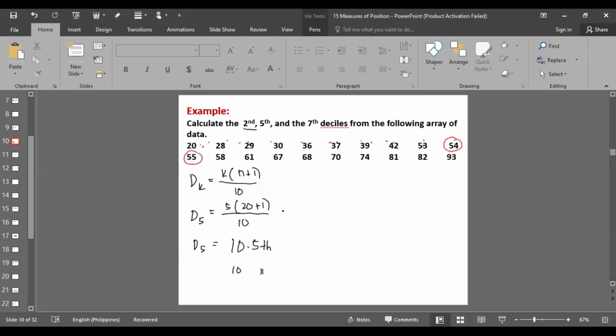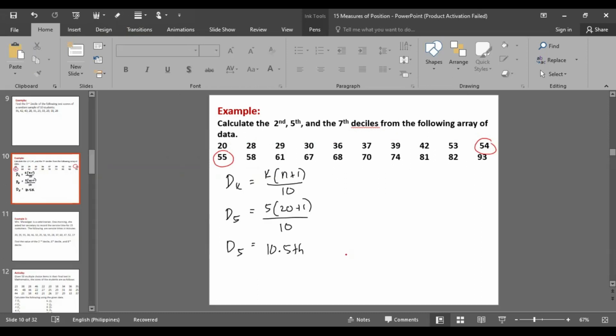Take note that we are locating the median of this distribution. So to determine the 10.5th term or score point of this distribution, we add the 10th score point to 0.5 and multiply it by the difference between the 11th and 10th score points.